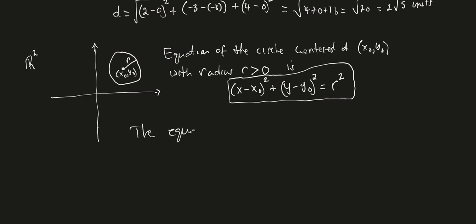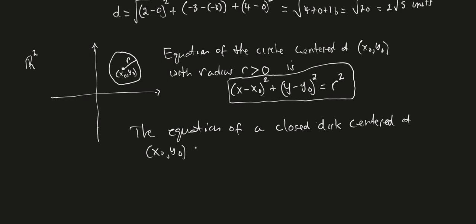So it's like a coin now if you think about it, right? The equation of a closed disk centered at x0, y0 with radius r is, so if I want to include not just the points that are on the circle, right, that are the same distance away from the center, but all the other points inside that are closer, so what I would have to do is change this equal sign to a less than or equal to.